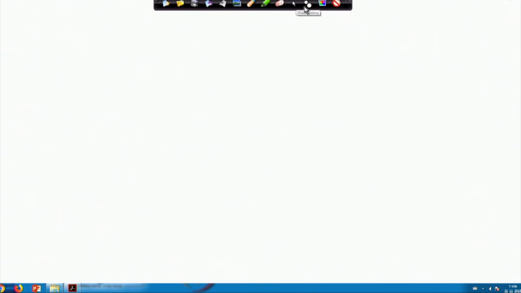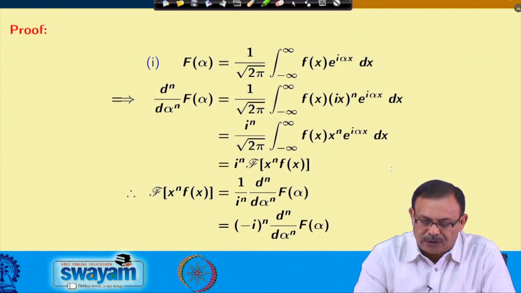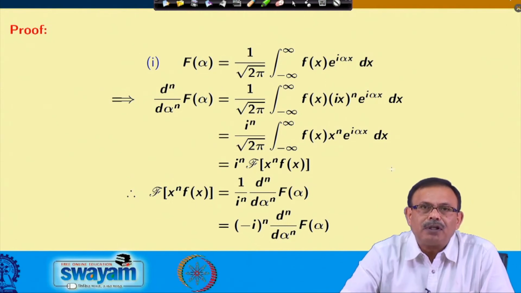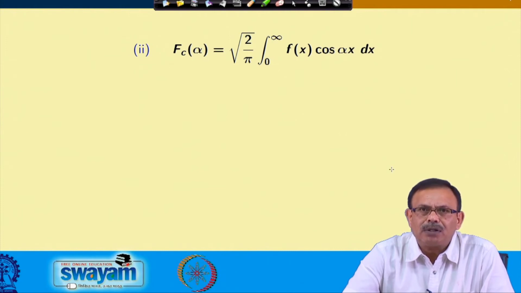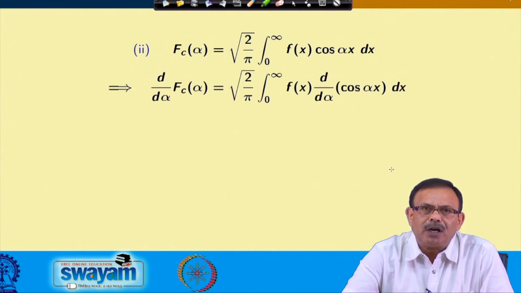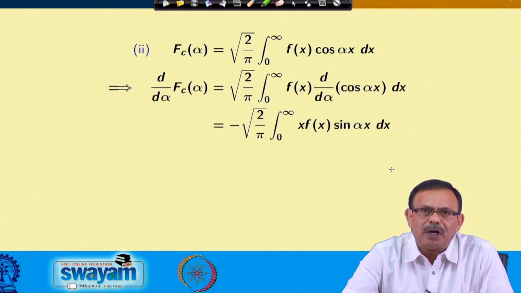So, let us again go back to this. This already we have shown. For the proof of the second part, we start with the Fourier cosine transform of alpha equals this integral from the definition. From here we write d by d alpha of the Fourier cosine transform of alpha as minus root over 2 by pi, integral 0 to infinity x f(x) sin(alpha x), which is again the Fourier sine transform of x f(x).